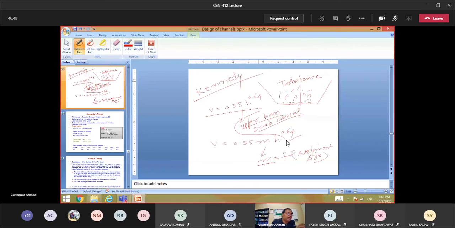Based on that he provided this equation, but you can see this equation is not sufficient for the design of the channel, I mean the design of the stable channel.